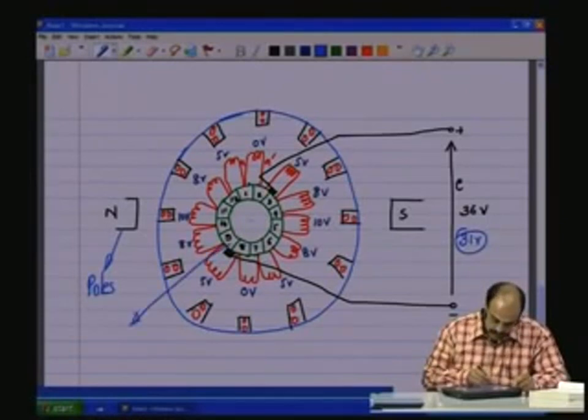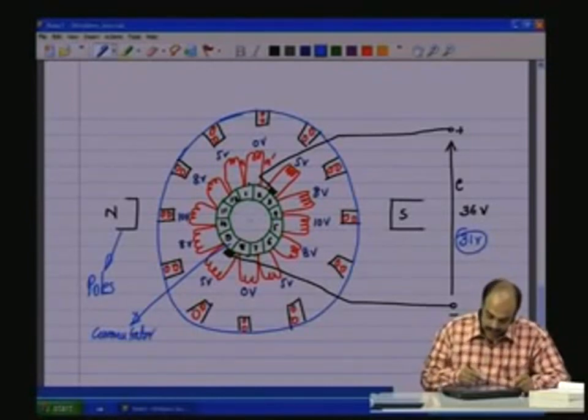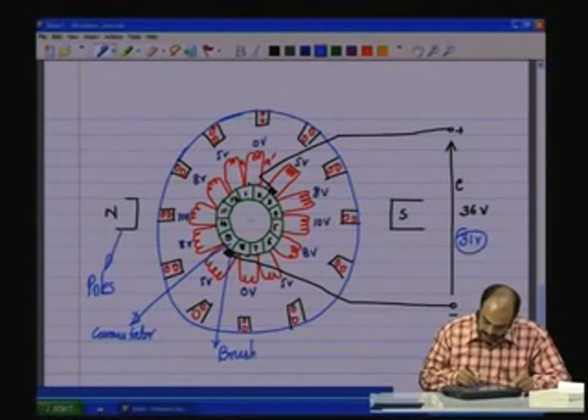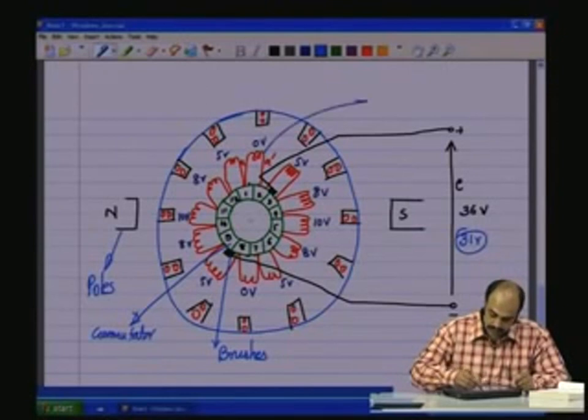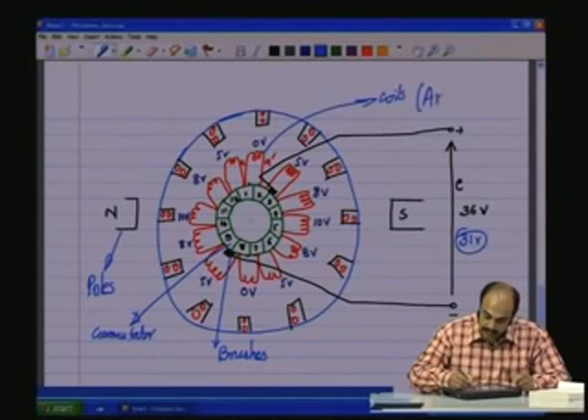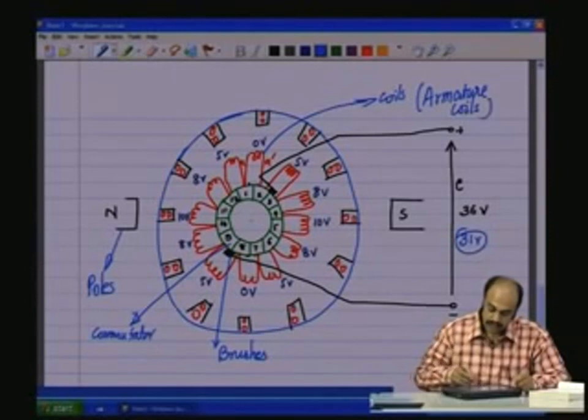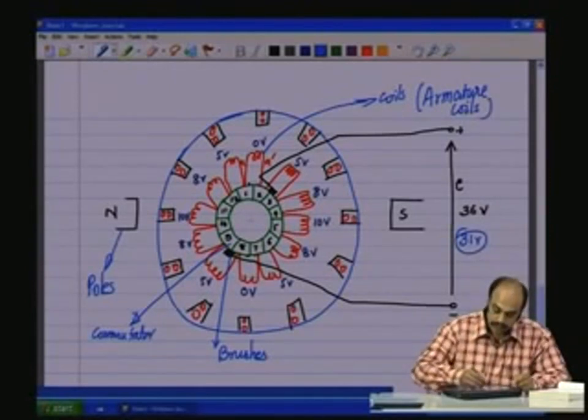These, as you know, are called the commutator segments. These are brushes. Now these are the coils, and they are called the armature coils. This whole thing is the rotor.